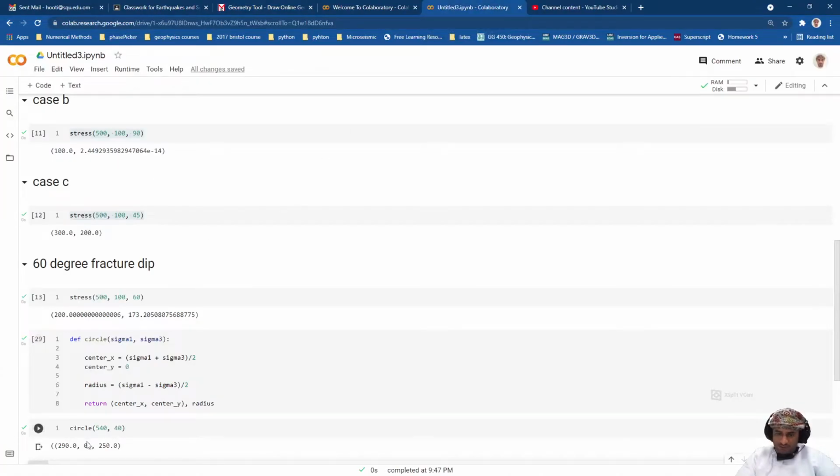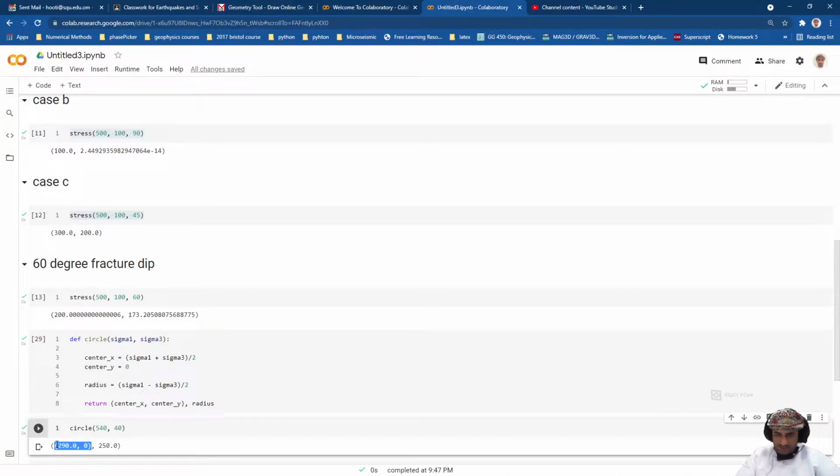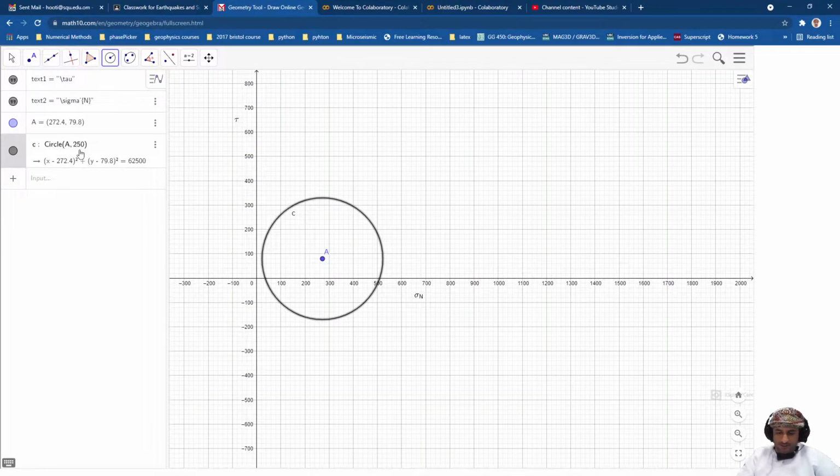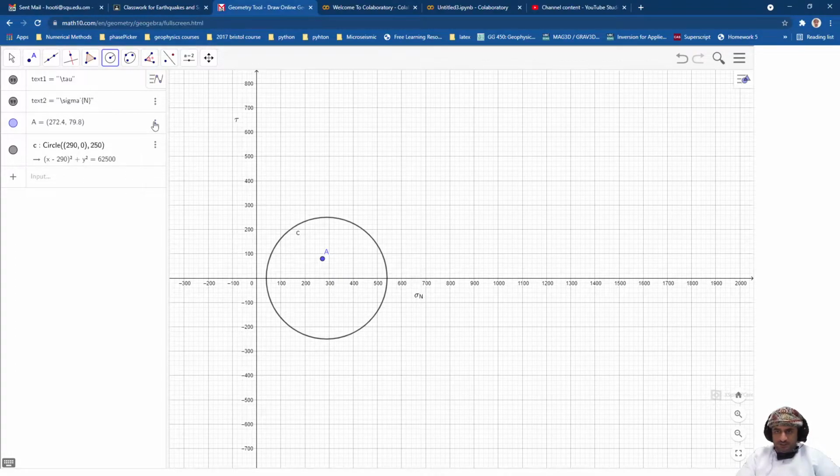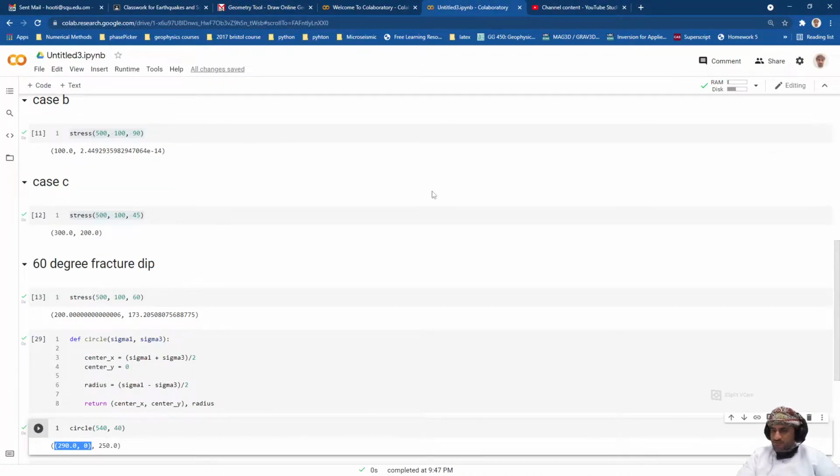And how much was the center? That's the center. Let me copy it. Come back here. Instead of A, I just type its value, and the A, I can delete it. That's the first circle.